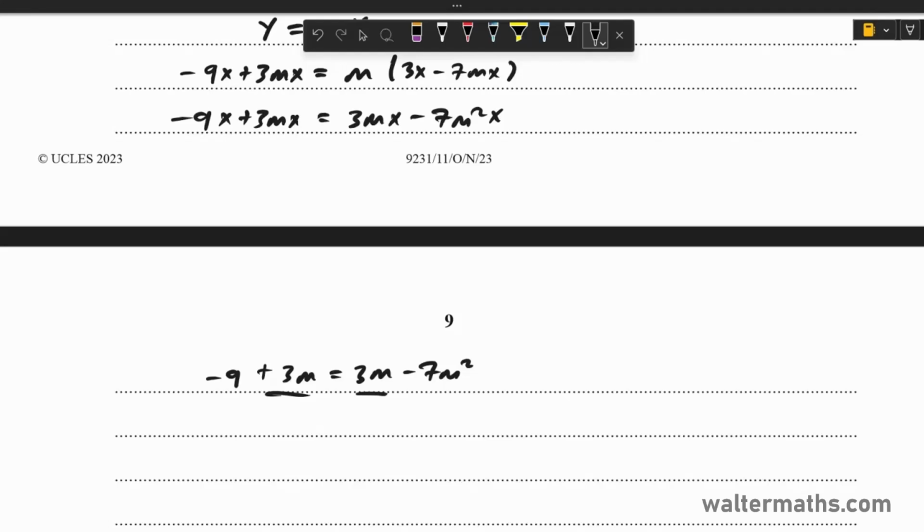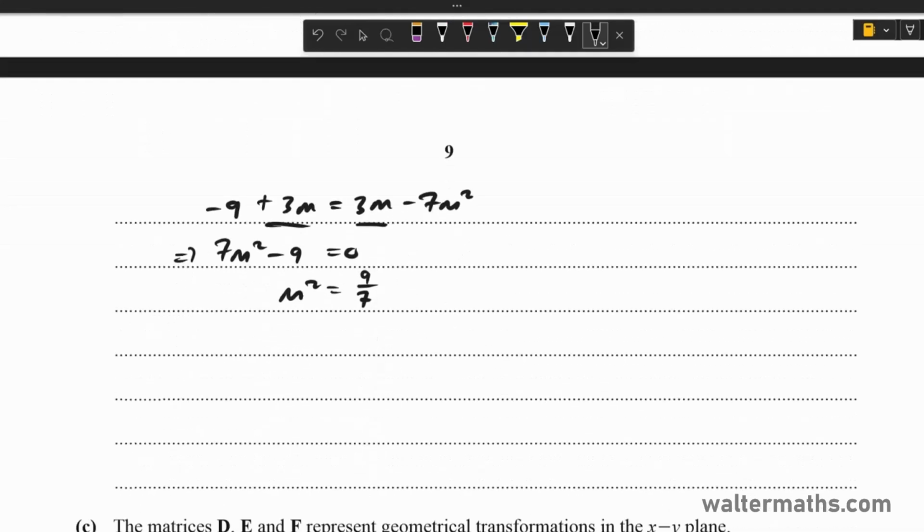And if we take everything to one side, we'll be having 7m squared minus 9 equal to 0. So m squared is equal to 9 over 7, which means that m will be equal to the square root of 9 over 7, which is 3 over root 7, plus or minus.